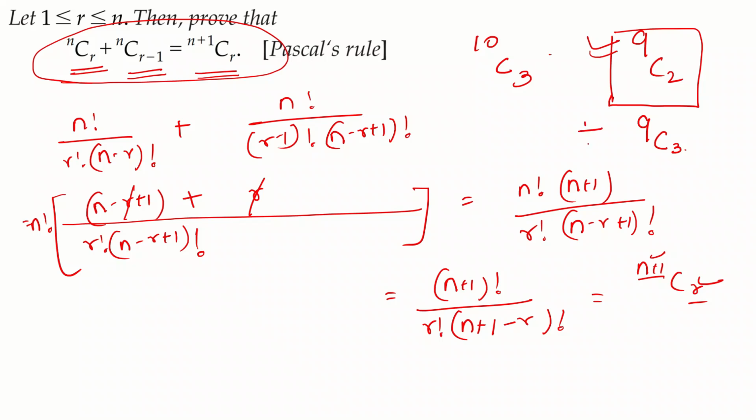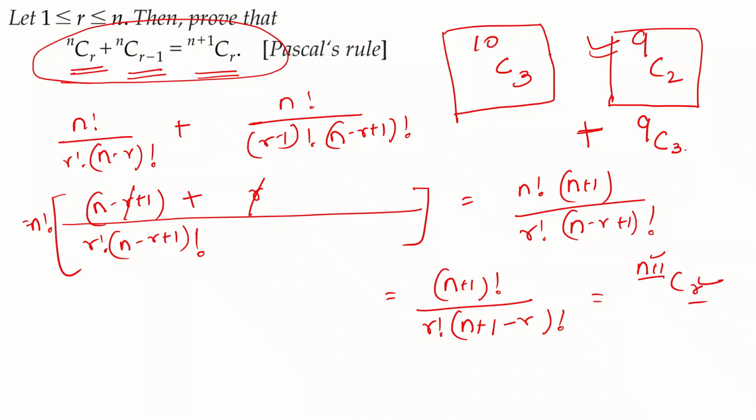So if you add these two, what are these two? If you add these two, they say that this is the total number of selections where one ball is either there or it is not there. So it is actually the total number of selections of 3 balls out of 10 balls.